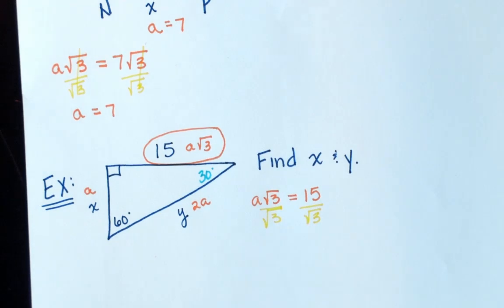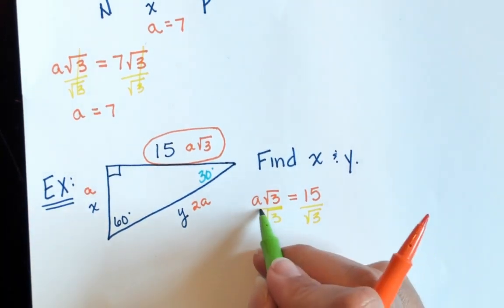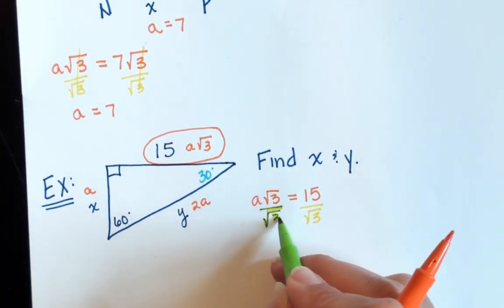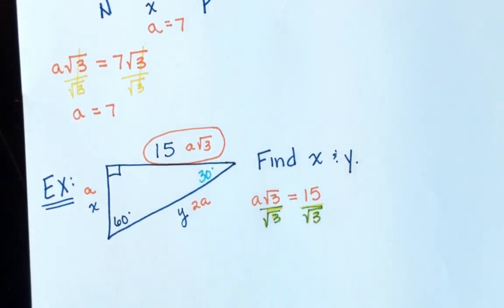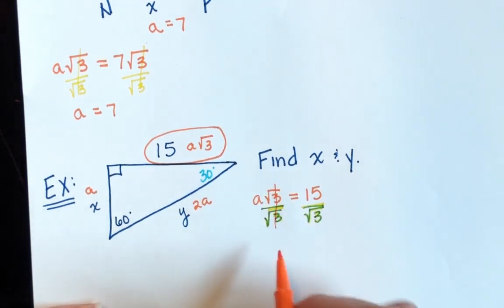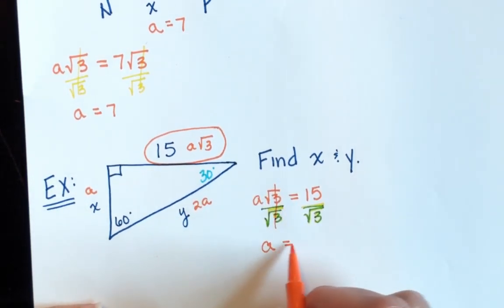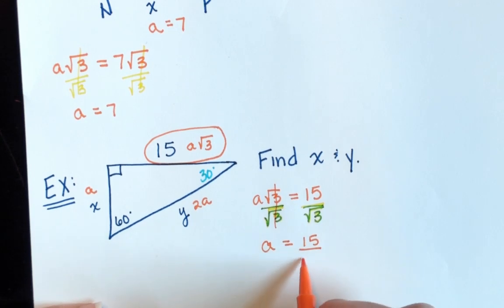And what happens is, let's change him for this. And we're going to end up canceling over here, but we end up with a equals 15 over the square root of 3. And we can't have that. We have to rationalize.